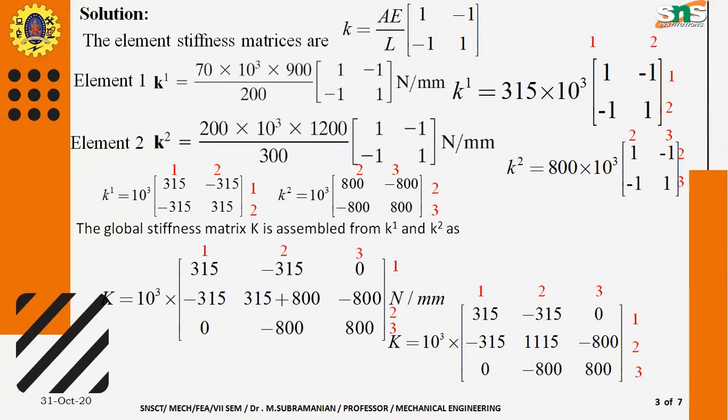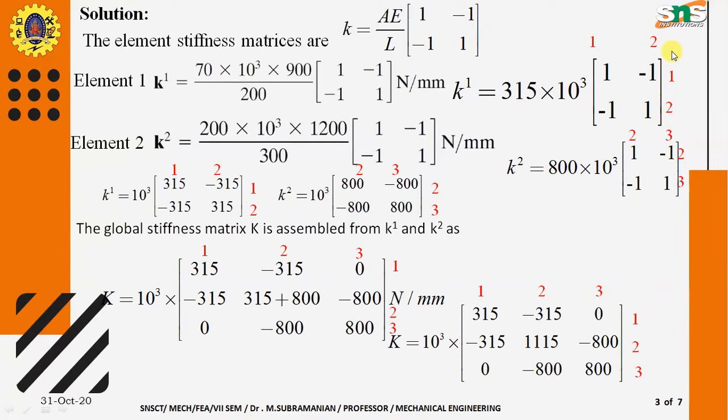Now we will substitute all those values. Young's modulus for element 1 is 70 into 10 power 3. Area of the element is 900 mm square. The length of element 1 is 200 mm. Now we get the final matrix for element 1 as 315 into 10 power 3 times 1, minus 1, minus 1, 1.